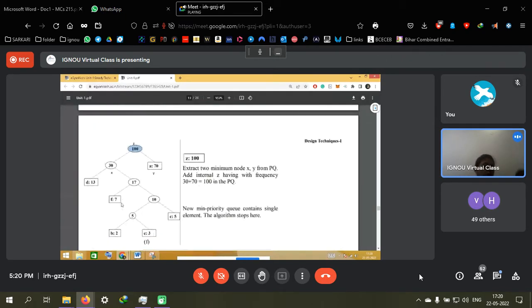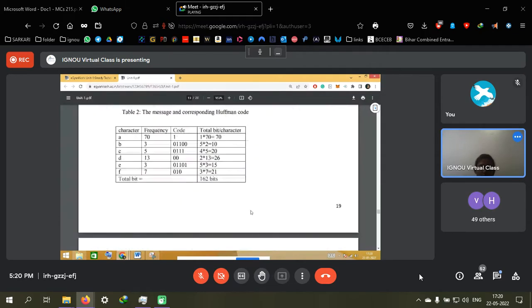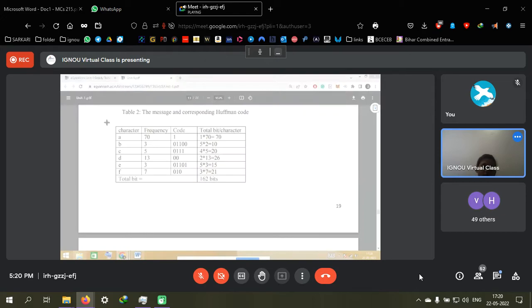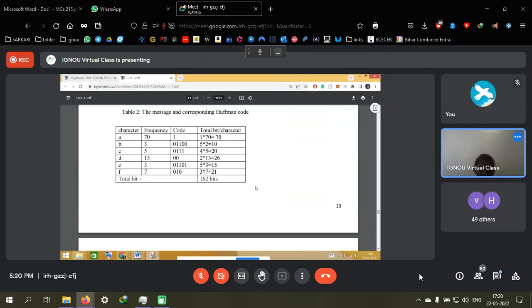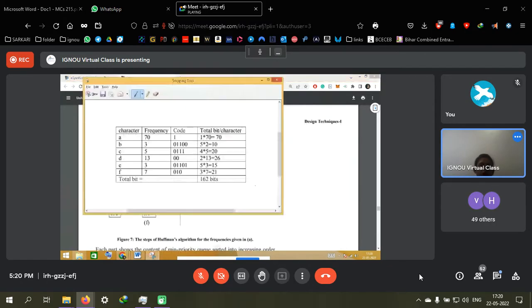For left, you have to write 0. So for A, this is on right. We will mark 1 here.